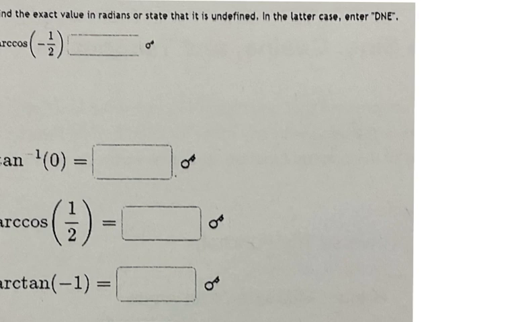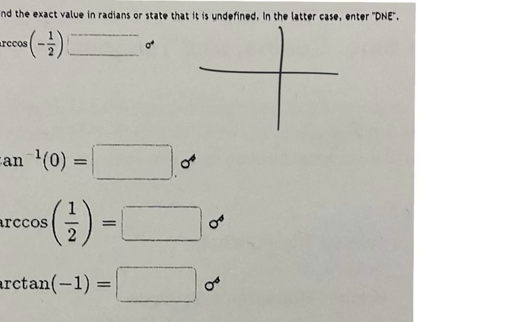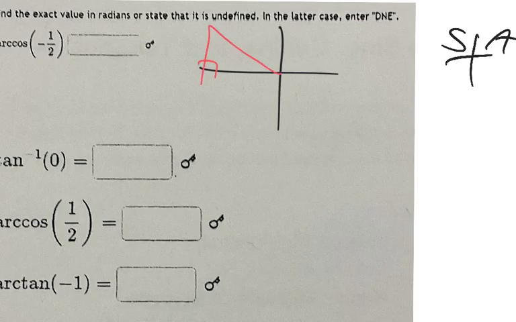So from here, if I look at the inverse cosine of -1/2, inverse cosine is defined in the first and second quadrants. Because this ratio is negative, I know I'm in the second quadrant.